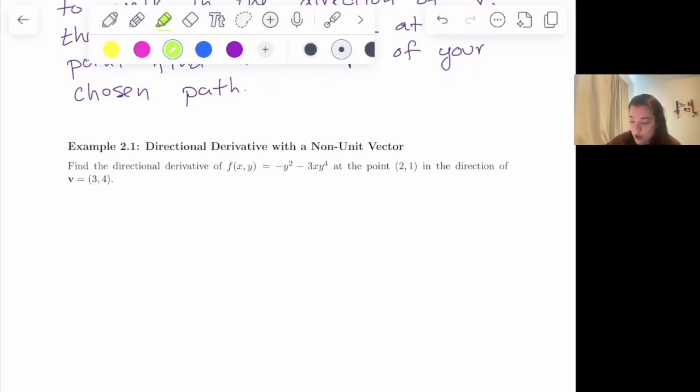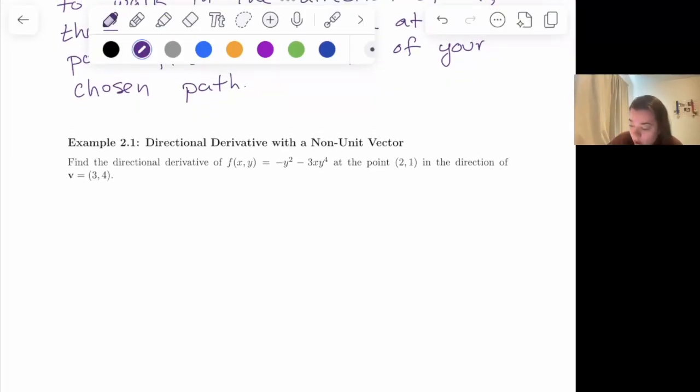So example 2.1, here is the directional derivative with a non-unit vector. All that's saying is, be mindful, we're going to maybe have to turn something into a unit vector. So here's our question. Find the directional derivative of your function f at a given point in a certain direction.